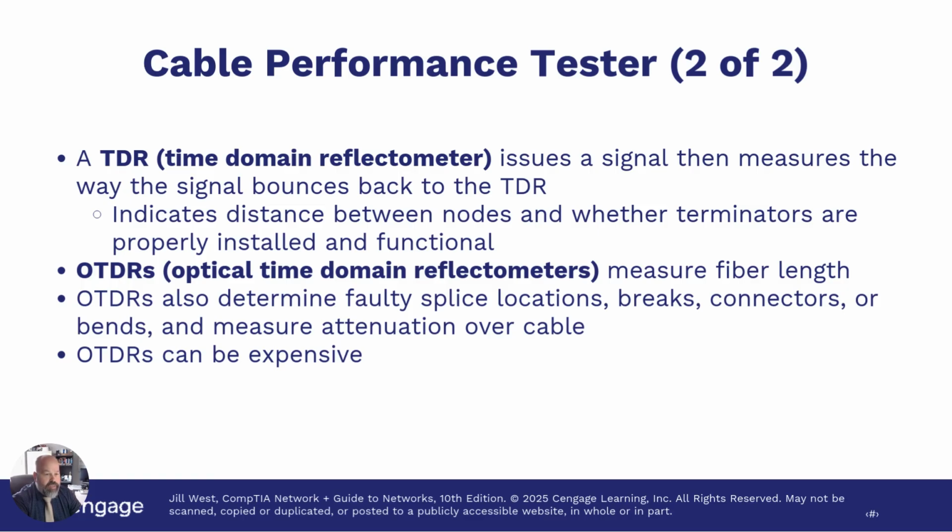It measures length, locates breaks, bad splices, or bends. OTDRs are kind of like the detectives of your fiber optic cables. It can pinpoint exactly where your problems occur. The problem is they're very expensive. So in order to be really precise, it's going to cost you some money.